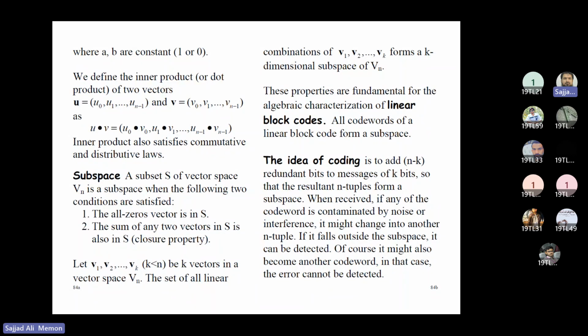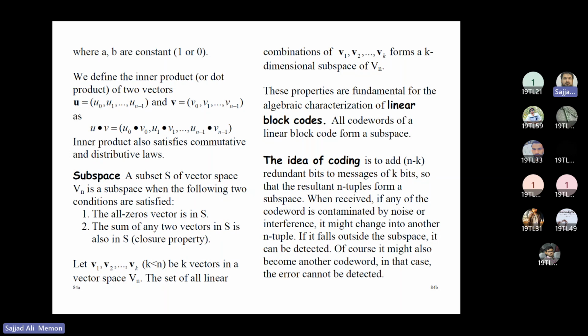So how will we detect that the received vector is not in error? If it falls within the subspace of that n-tuple, then we can say that it is not in error. If it falls outside the subspace, then we will say that it's in error. Let's suppose we have 3-tuples, and then we have 8 vectors.